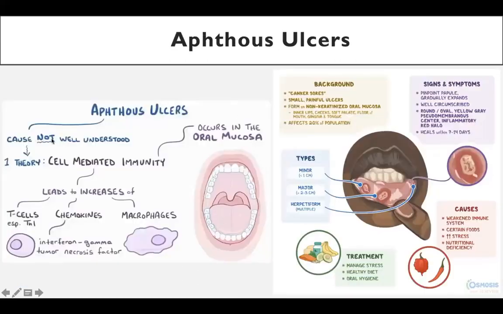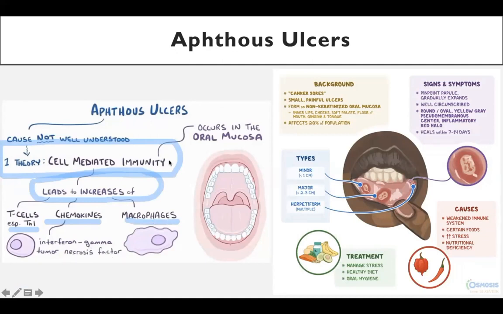So you see aphthous ulcer on the left side. The cause or etiology is not well understood. There is one theory which says it must be cell-mediated immunity, leading to an increase of T cells, especially T helper 1 cells, chemokines, and macrophages, which release interferon gamma and tumor necrosis factor alpha, and it all occurs in the oral mucosa.